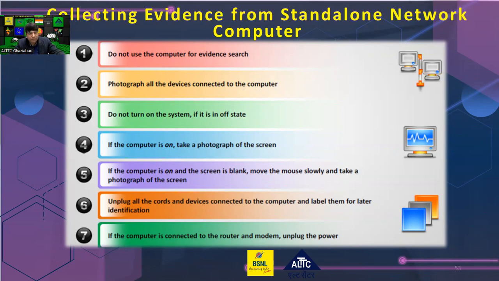If the computer is on and the screen is blank, move the mouse slowly and take a photograph of the screen. Unplug all the cords and devices connected to the computer and label them for later identification. If the computer is connected to the router and modem, unplug the power.